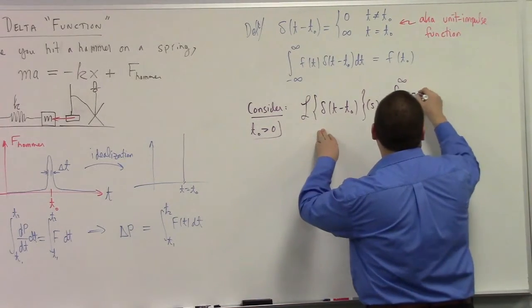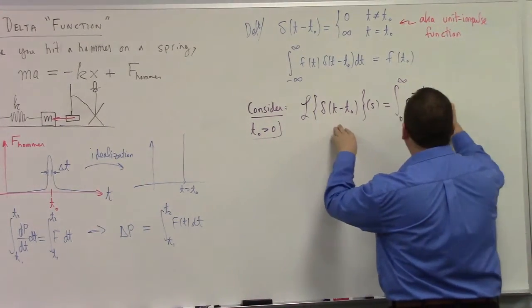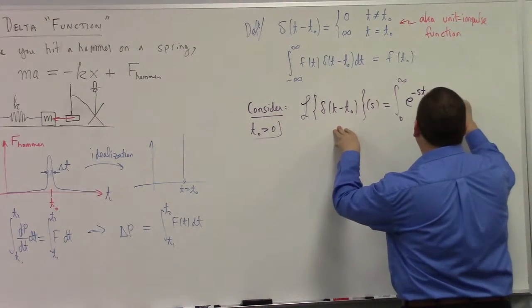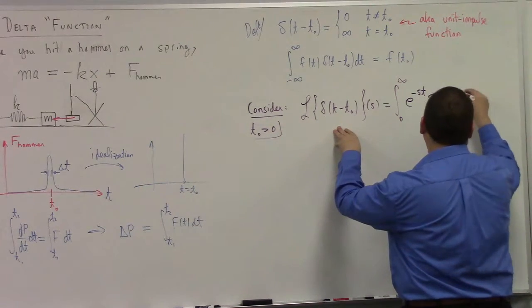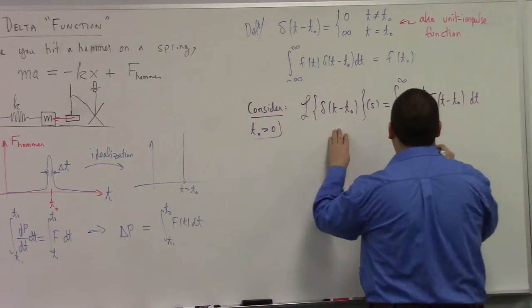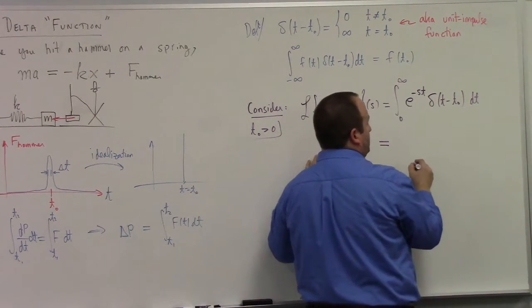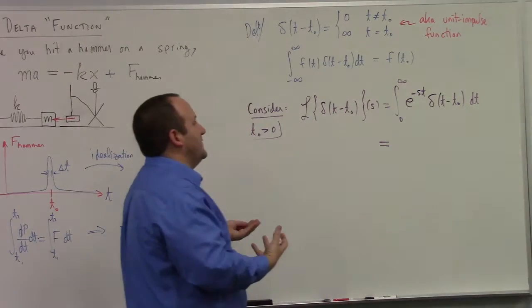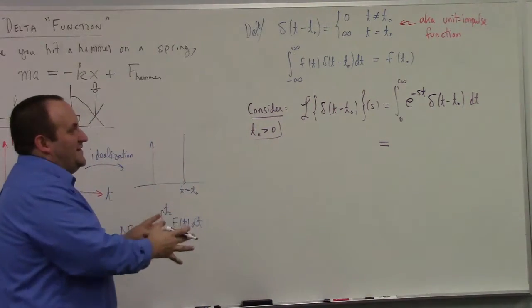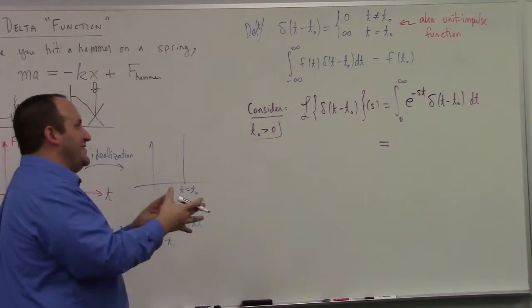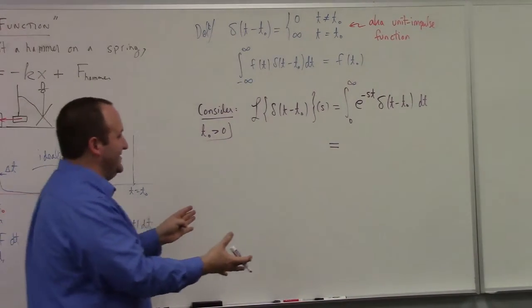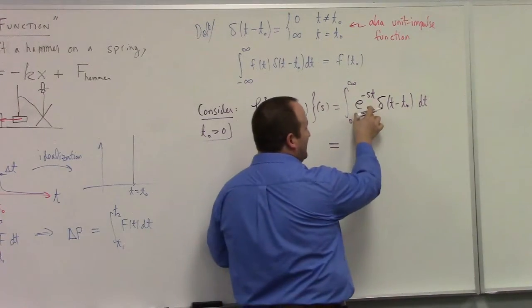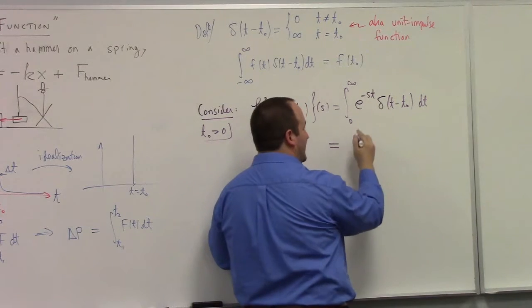We have e to minus st, right? Delta of t minus t naught dt, all right? And so you do that integral. Now I can't emphasize to you enough, the Dirac Delta function turns integration into evaluation. So all you have to do is take the function here, which happens to be e to the minus st, right?